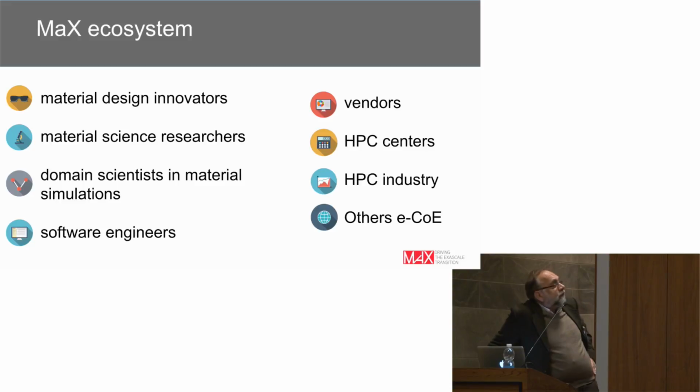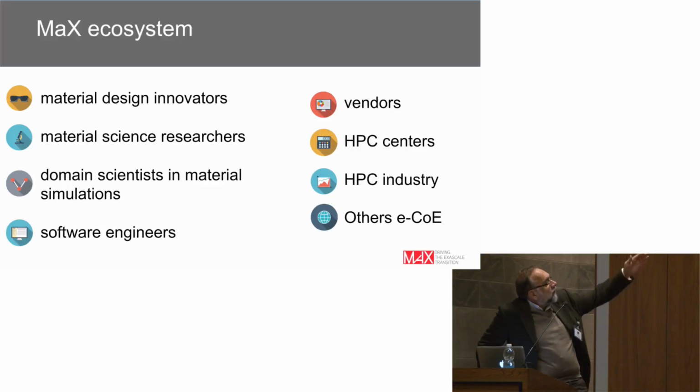And in numbers, these are the institutions that participate in MAX. KTH is one of them. You just heard the presentation before. Then there are EPFL, CINECA, CNR, etc., BSC.